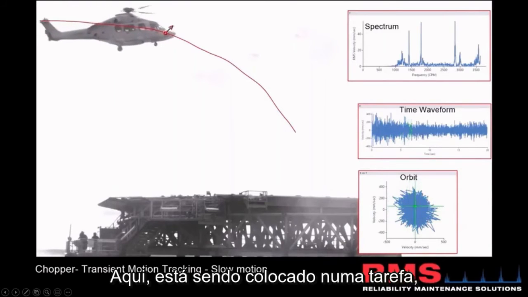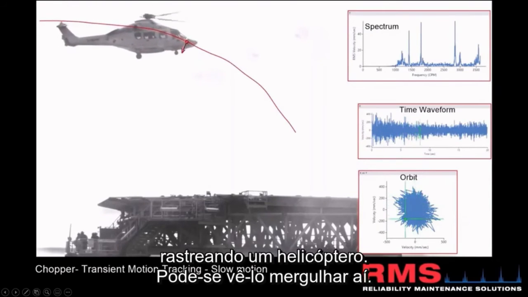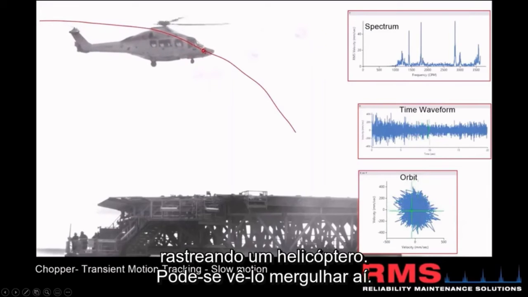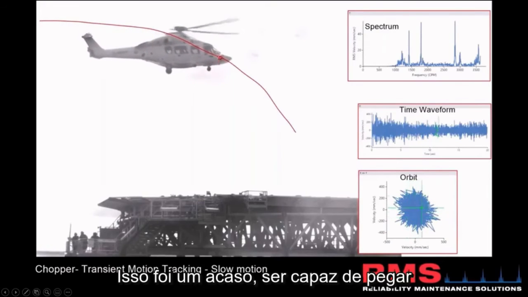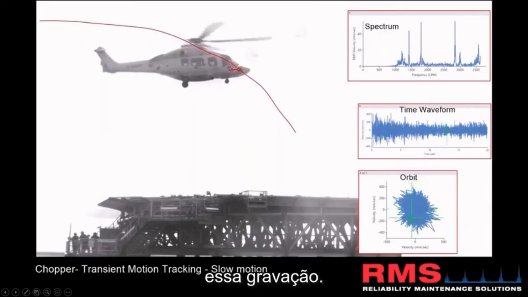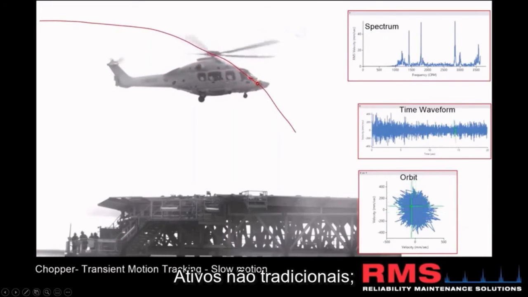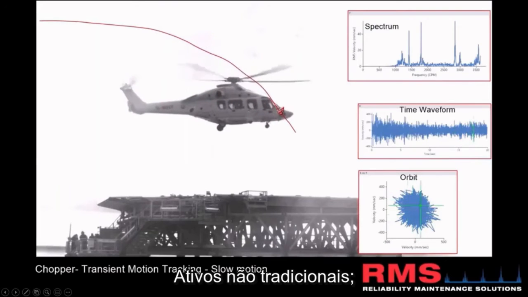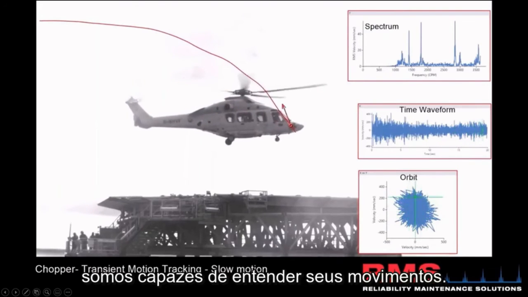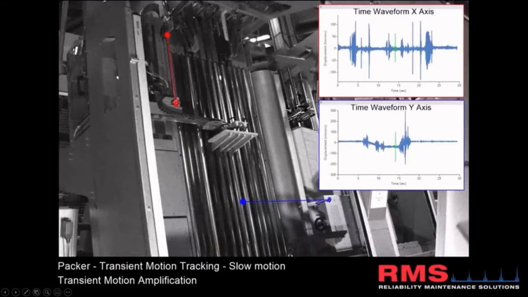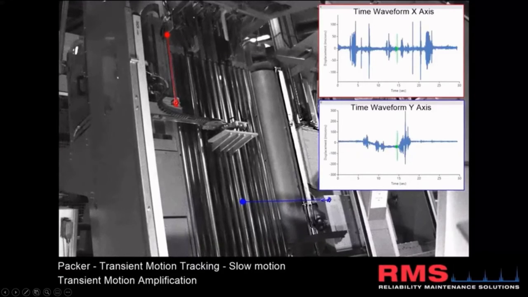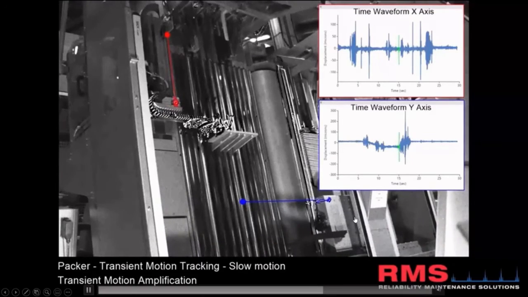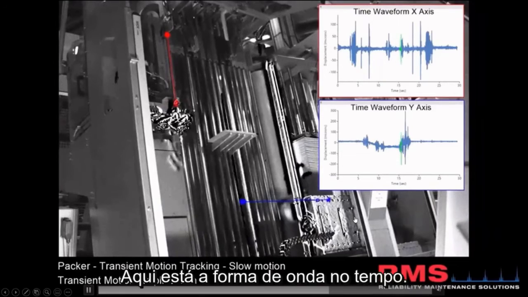So here's kind of putting it to task. Tracking a helicopter, you can see it dip there. This was kind of serendipity to be able to grab this shot. But you know, non-traditional assets, and being able to understand their motion, right? So again, here's the time waveform.